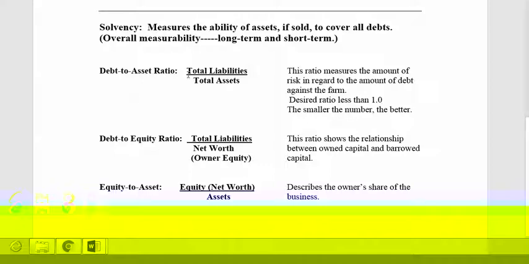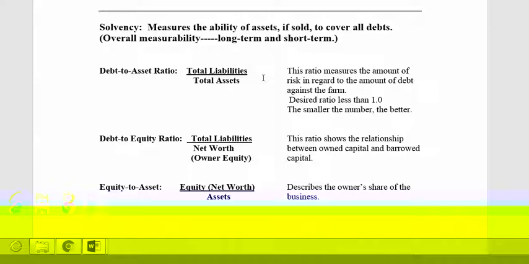Debt to asset, total debt or liability to total asset. A farm that has no debt would have a debt to asset ratio of 0. Most farms are going to be somewhere between 0 and 0.5, meaning there's about $2 of asset per dollar of debt.